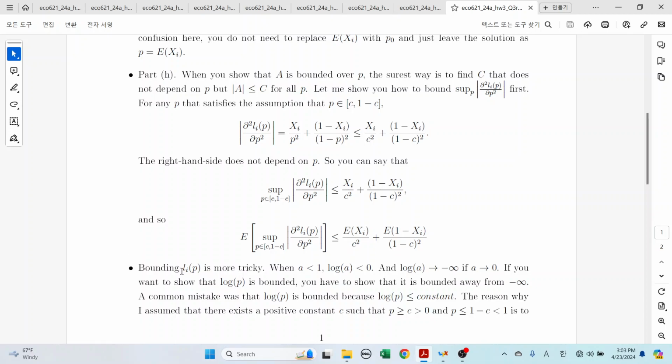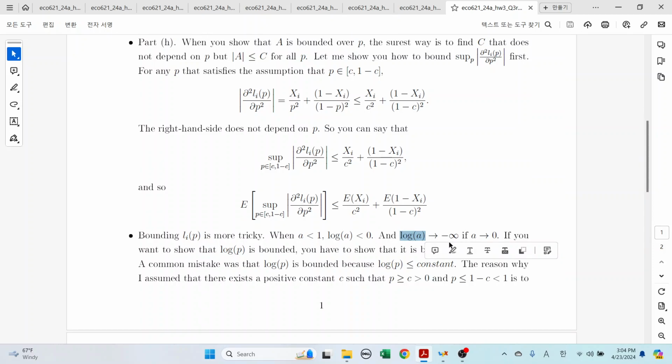Now I'm going to bound the original log likelihood function. It is tricky, but it is not that difficult. It is nothing new. Very basic elementary mathematics. So first, think about it: if something a is less than one, then log of a is less than zero, right? Log of one is zero, so log of something less than one is negative. And also, log of a will diverge to negative infinity as a converges to zero.